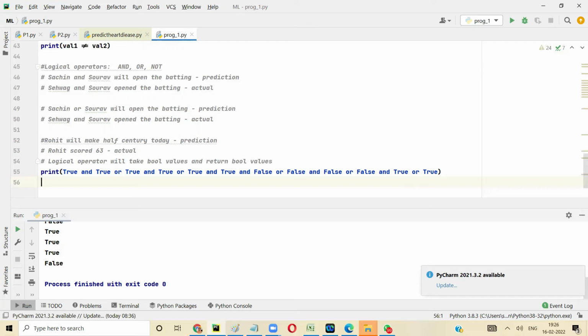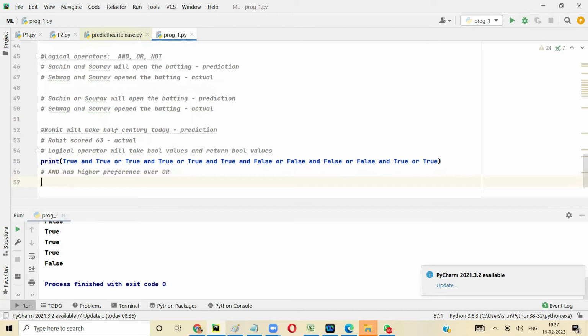Bracket, order, division, multiplication, addition, subtraction, the order of operation. Similarly, here also we have an order of application. When you have both AND and OR, AND will take preference. AND has higher precedence over OR.